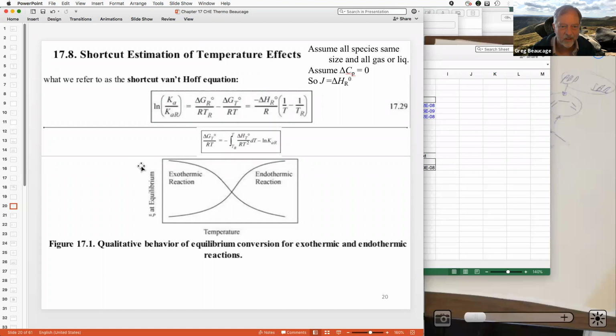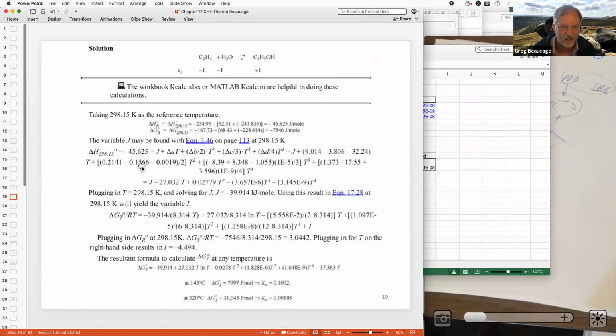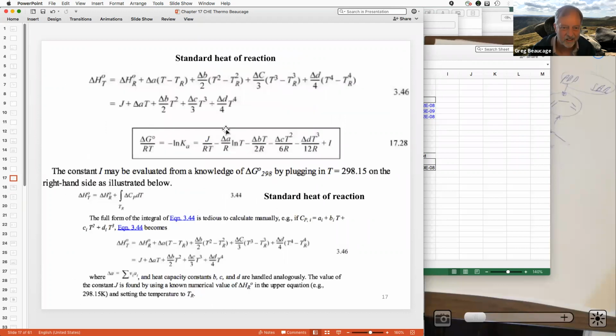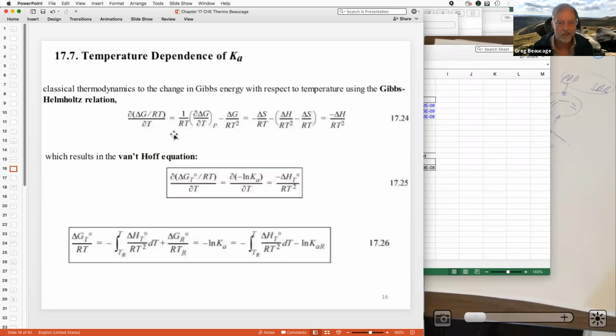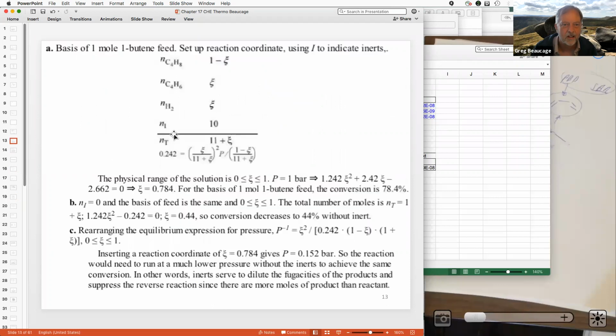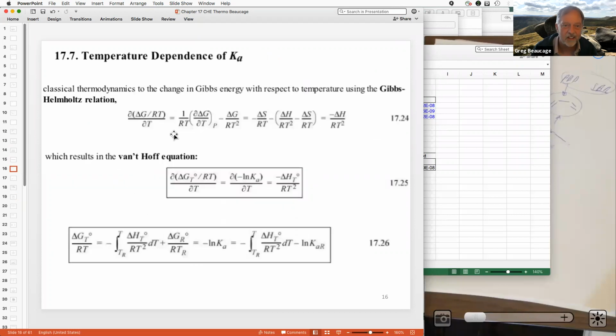If you don't want to go through all that, you can say that the heat capacity is constant. If you say in that parent equation that the heat capacity is constant, then the delta A terms drop out, and this becomes a much simpler expression. So you can go back to the Van't Hoff equation, the Gibbs-Helmholtz equation, and just say delta H is constant.